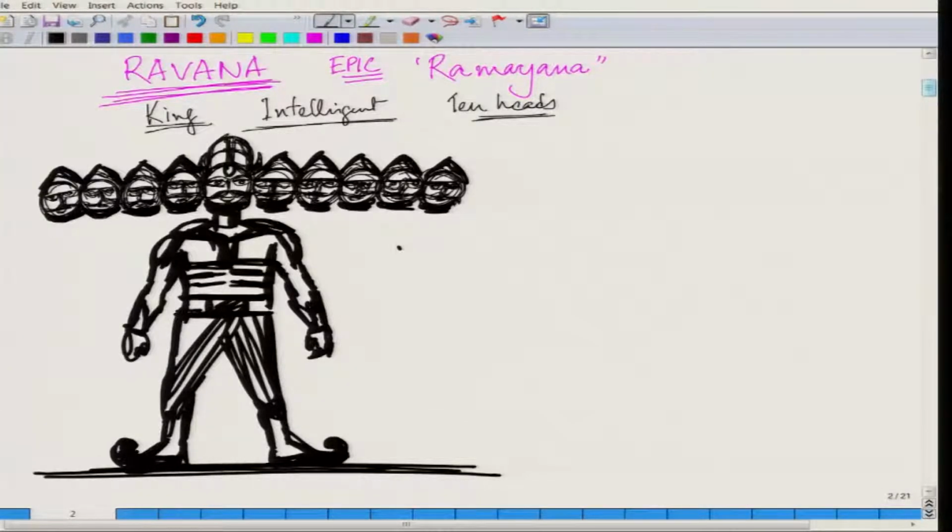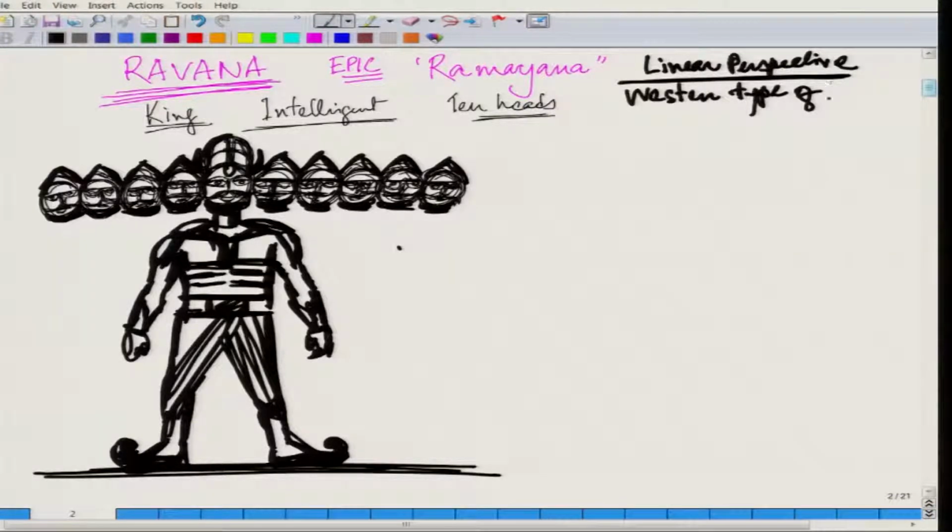So, this is how the character is sketched out. Now, for the sake of composition, if we want to show Ravana in linear perspective, which we discussed earlier in our lectures, that is a very Western type of viewing things, and Ravana is quite an Indian character.